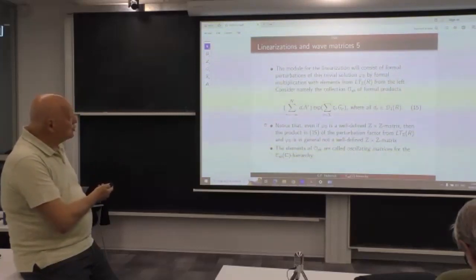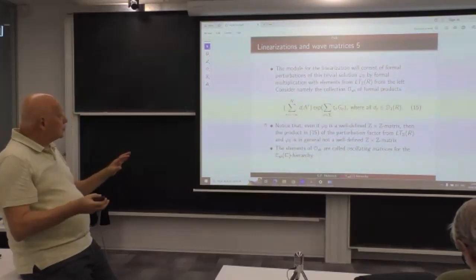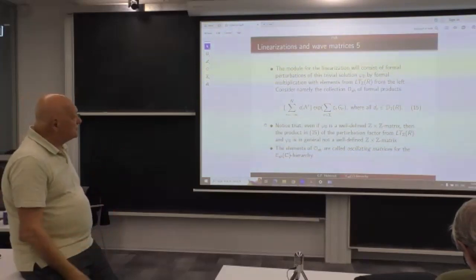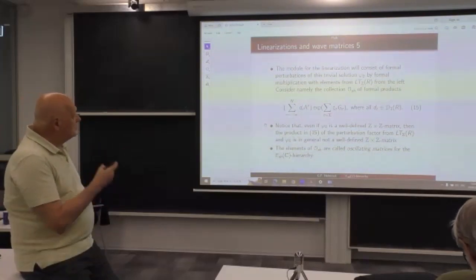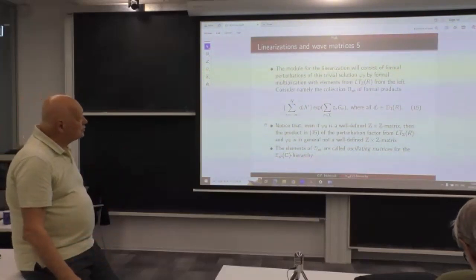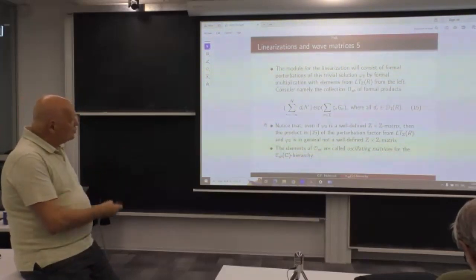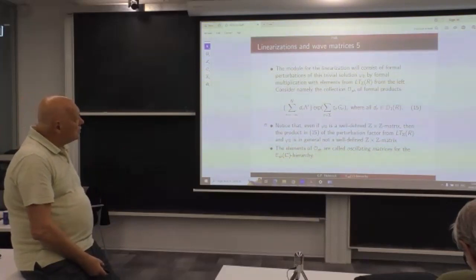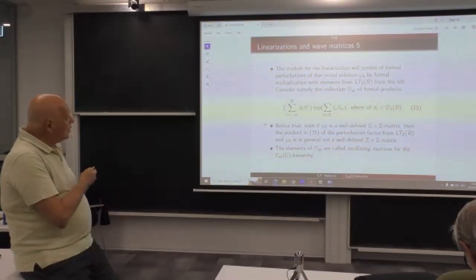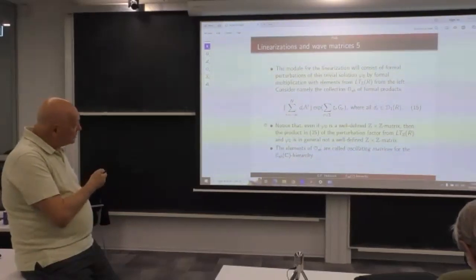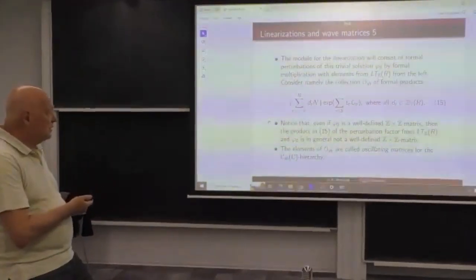Now, the module will consist of formal perturbations of this trivial solution. You multiply formally on the left with elements from the pseudo difference operators, and then you get a collection, call it SH, of formal products of a part that is a pseudo difference operator times this exponential factor.